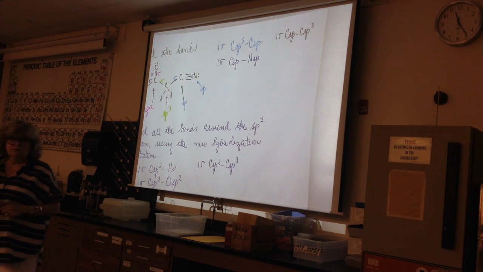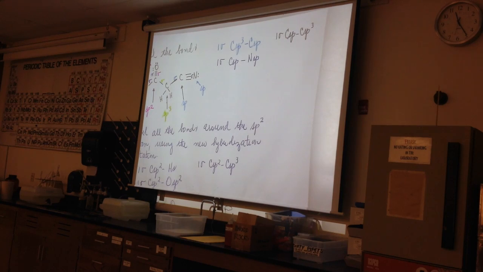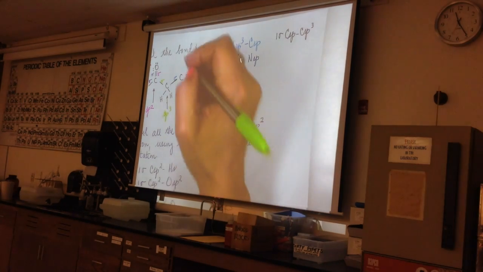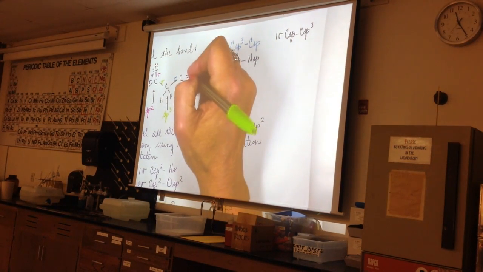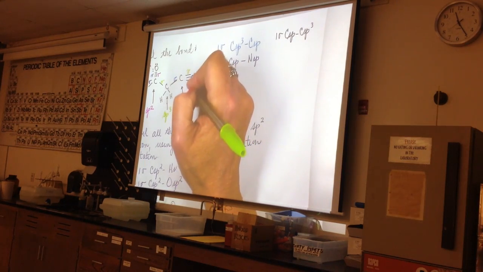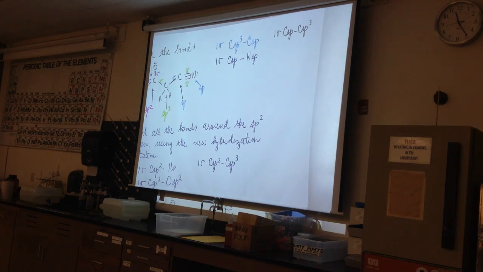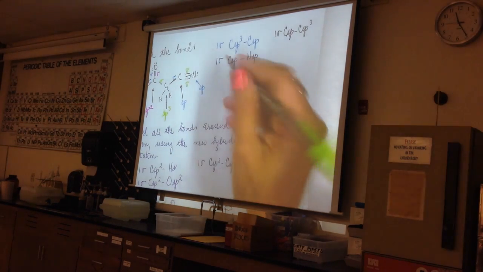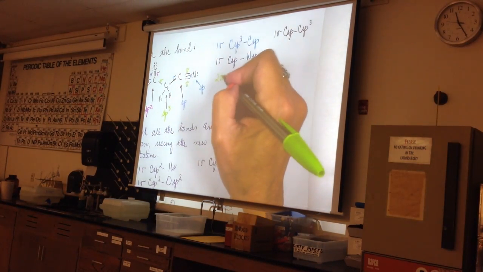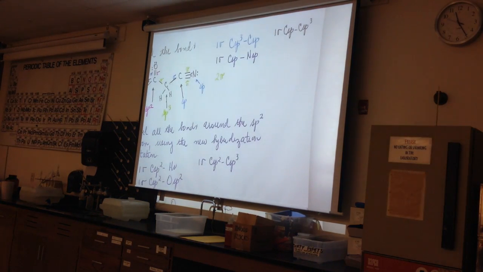We have these pi bonds above and below. There are two of them, made between the same atoms, so you can collect like terms. So I'm going to say that I have two pi bonds, and they are between who and who? C.